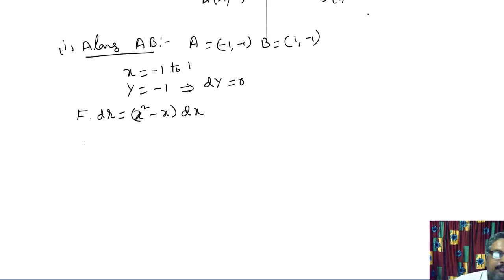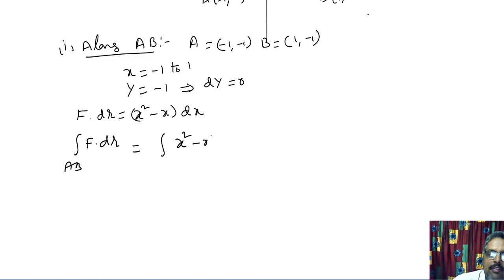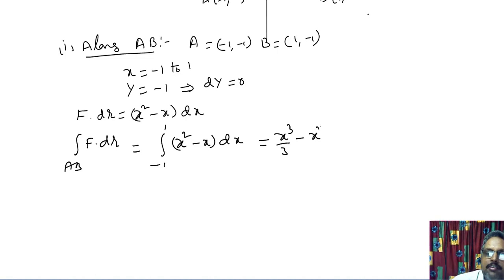Now integrate. The integral of F·dr along AB equals the integral of (x² - x) dx with limits -1 to 1. Integration gives x³/3 - x²/2, from -1 to 1.